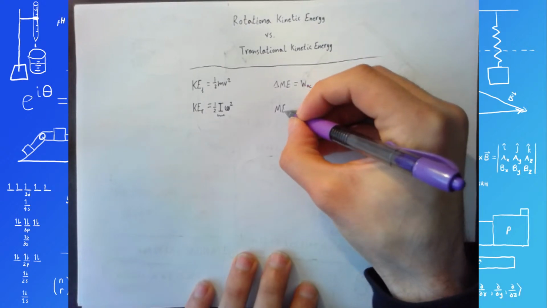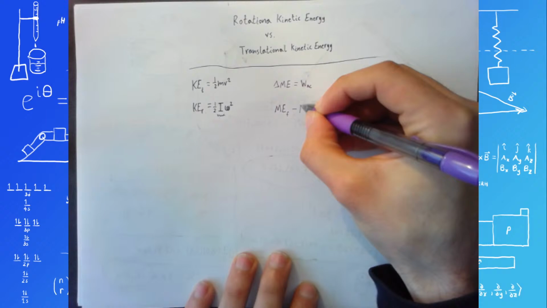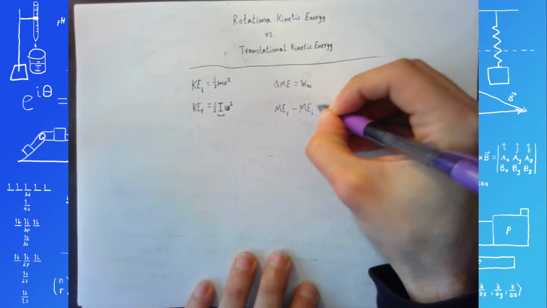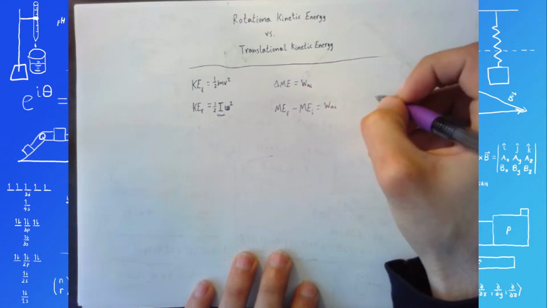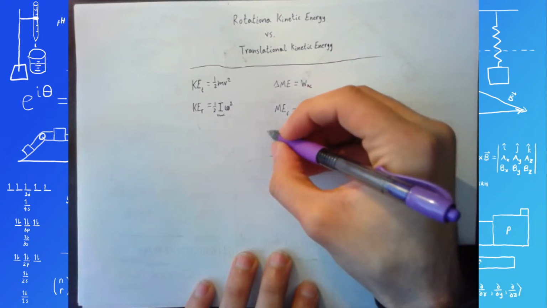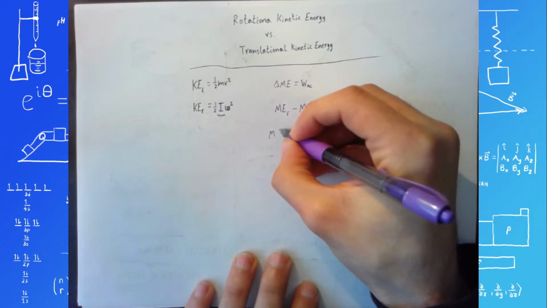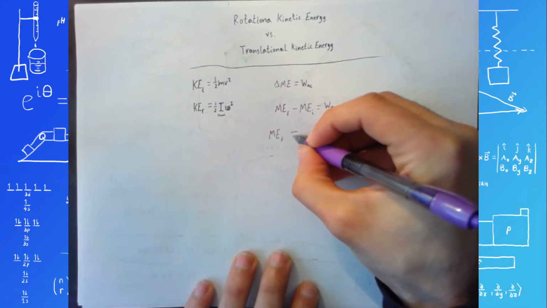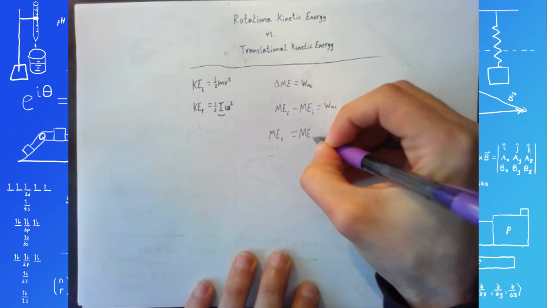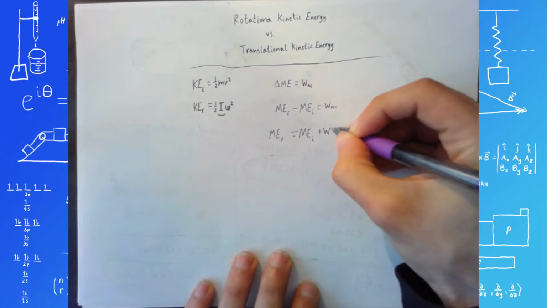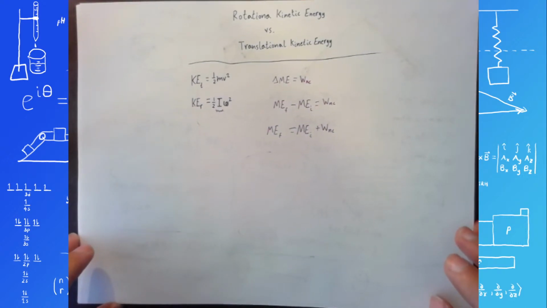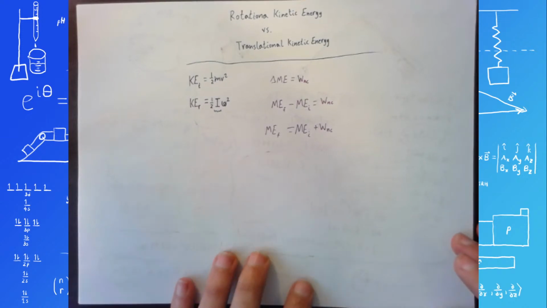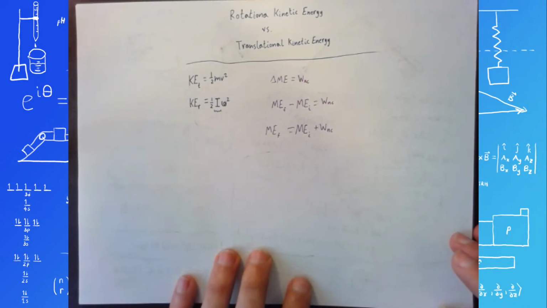We can rewrite this as mechanical energy final minus mechanical energy initial equals work non-conservative, and adding mechanical energy initial to the right-hand side, you get mechanical energy final equals mechanical energy initial plus the total non-conservative work. And if the total non-conservative work is 0, congratulations, you just simplified this equation a little, and you have the equation for conservation of mechanical energy.